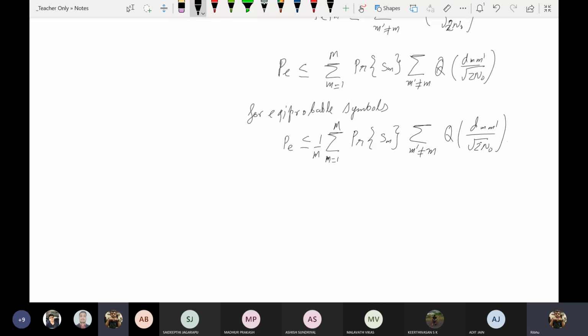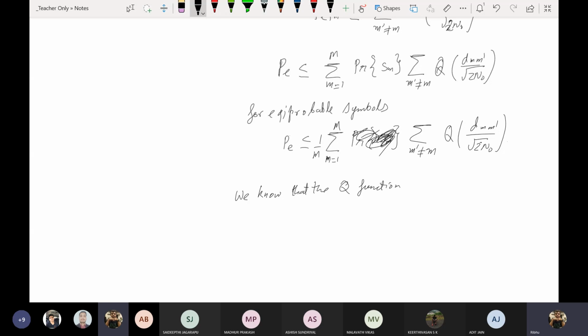The answer is yes, we can. Equiprobable means the probability of S_m is 1 by M, right? Yes.